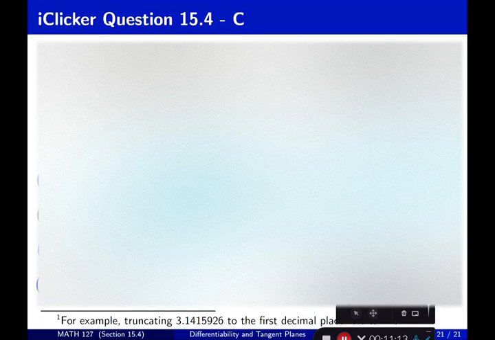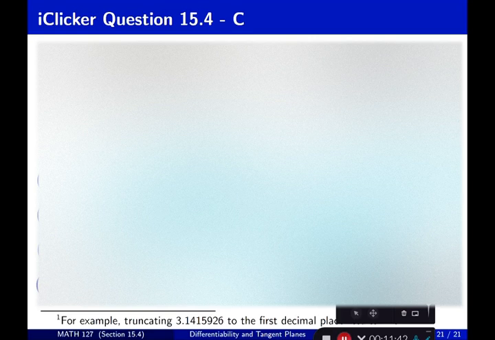Remember, to approximate by df, you have to multiply each partial by delta of that variable, plus the next one, and there are 4 of them because there are 4 variables.